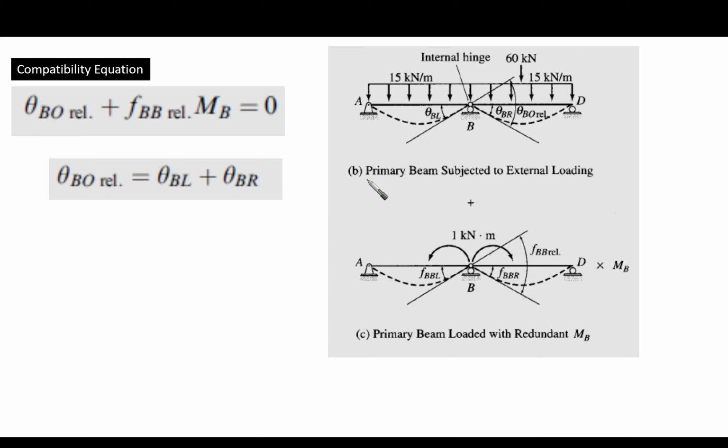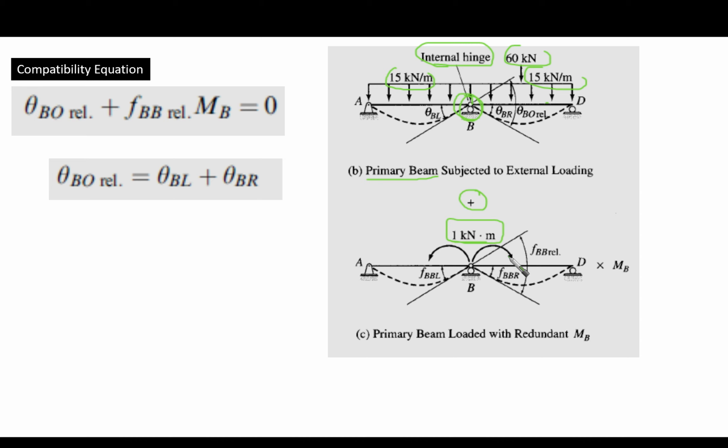We have now the primary beam, obtained by introducing an internal hinge in the middle, and this system is loaded with the external loading, 15 and 60, plus the same primary system loaded with one unit moment in the same sense as the assumed redundant, which is MB.